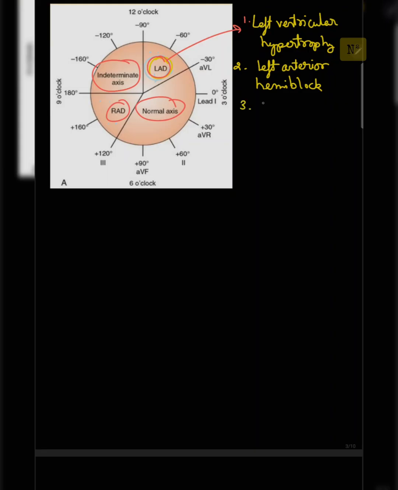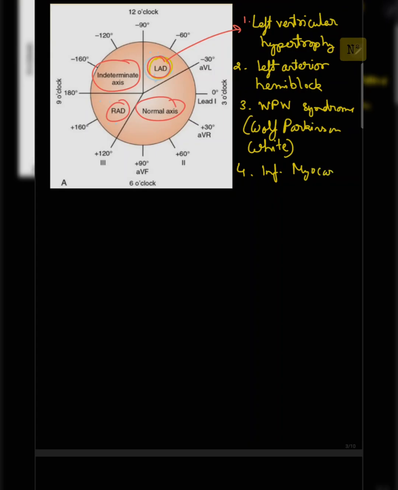You might also get this left axis deviation in Wolff-Parkinson-White syndrome, or in inferior myocardial infarction.